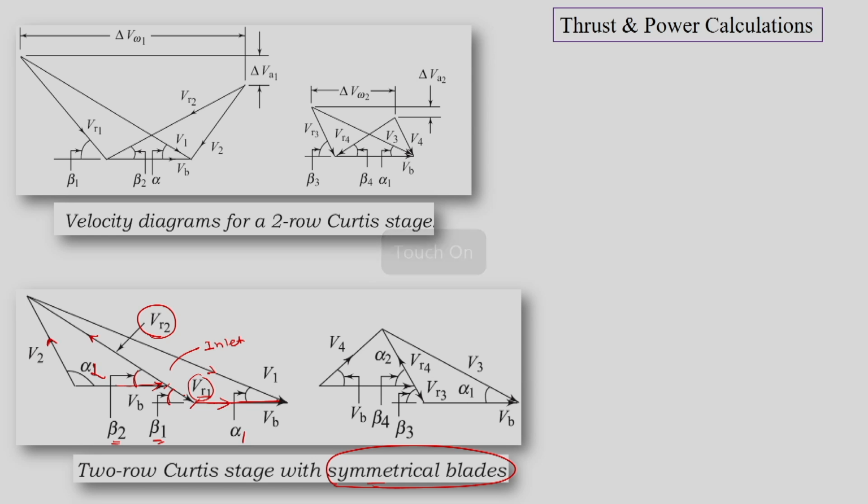Now, we can make use of this diagram for thrust and power calculations. We know that tangential thrust is equal to m dot into the sum from i equal to 1 to n, where n is the number of stages, of VB into delta VWi.